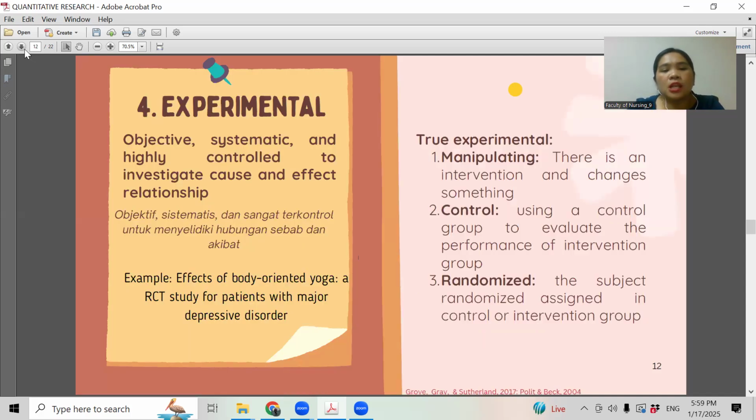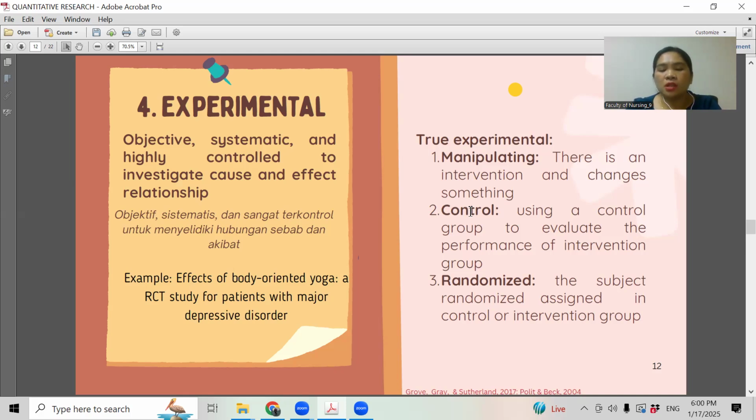The last one is experimental. It is true experimental because, first, we give interventions, and second, we have a control group. So we have an intervention group and we have a control group. For the example, the previous cartoon movie reducing pain: one is the control group, not given the cartoon movie, and the second one is the intervention group, given the cartoon movie.